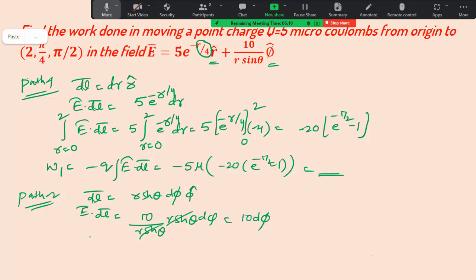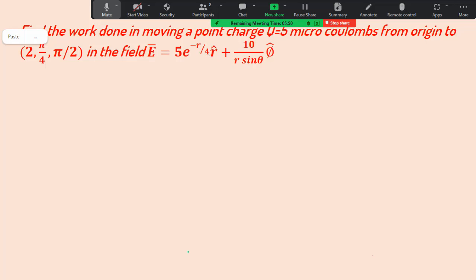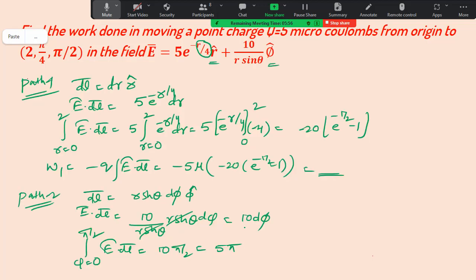Then the integral, phi changes from 0 to pi by 2, so E bar dot dl bar is equal to 10 times pi by 2. That means you will get 5 pi.